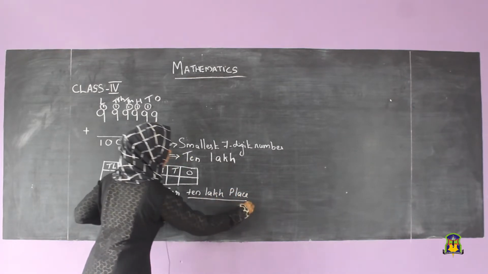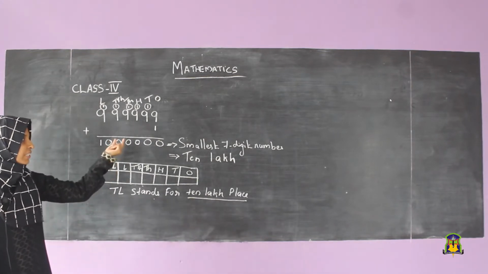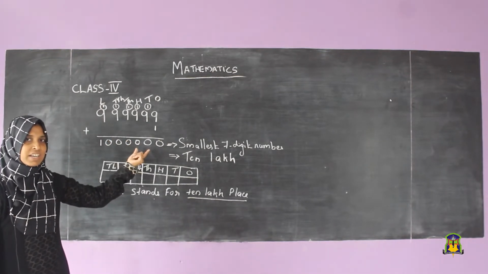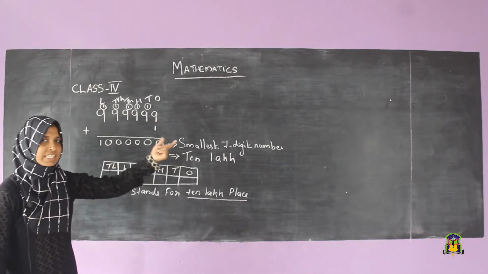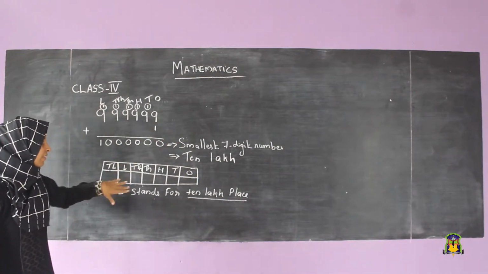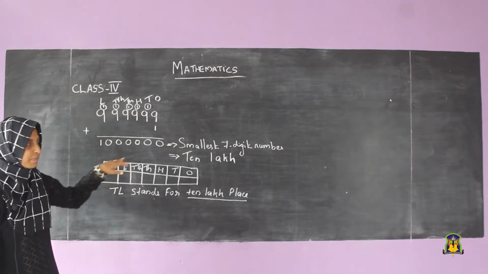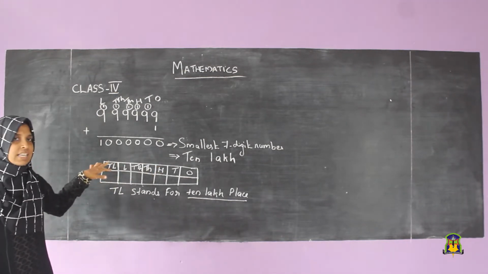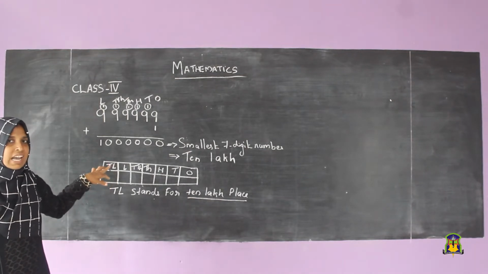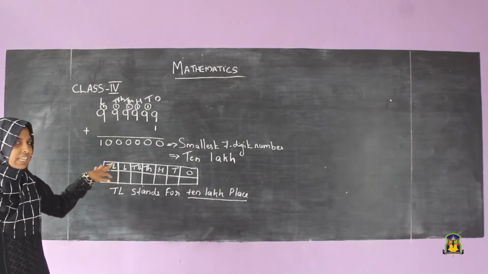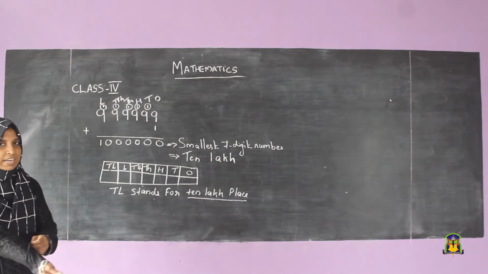Okay. So, here we have the smallest 7-digit number. We can read this number as 10 lakh, and we have the new 7th place from the right side. It is the 10 lakh place, and we can denote it as TL. Okay, so let's write the digits.